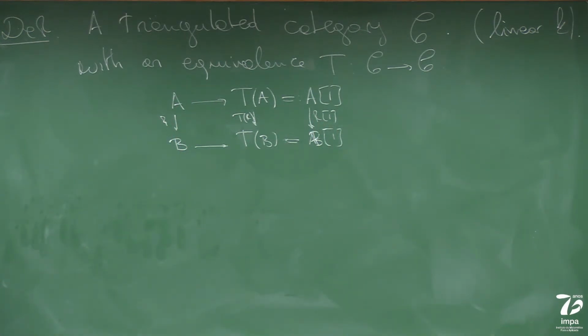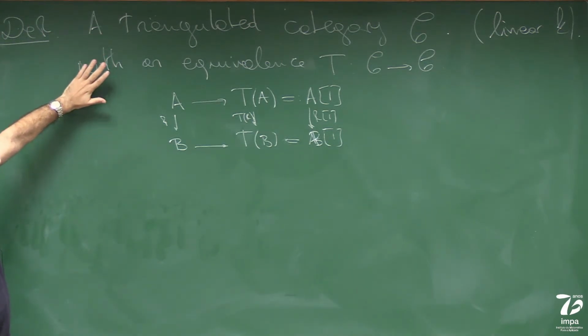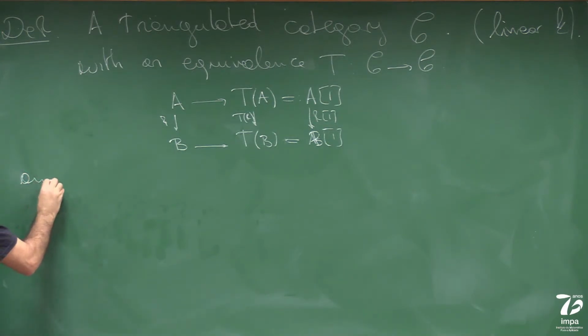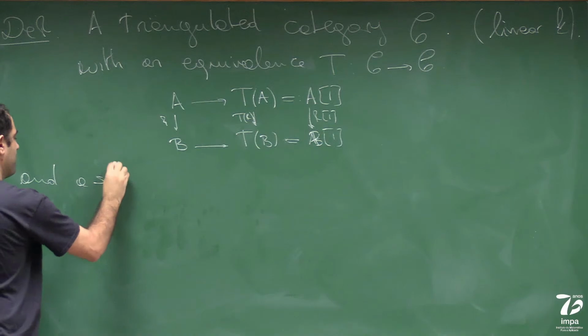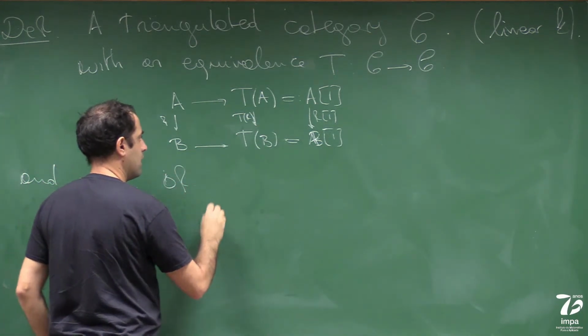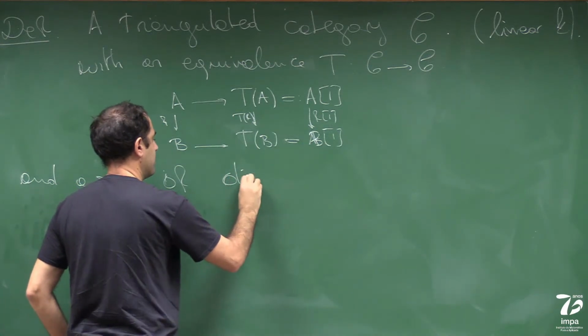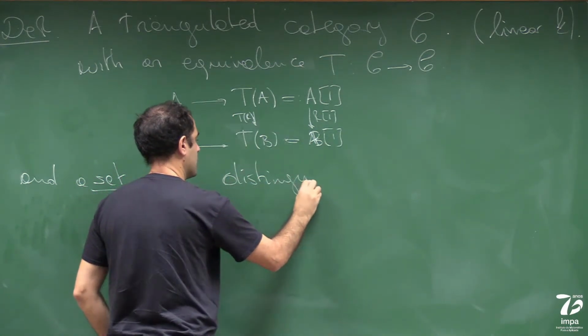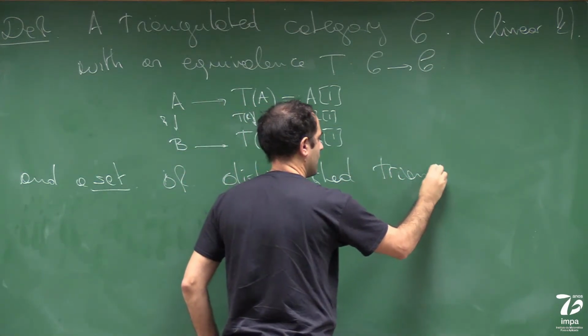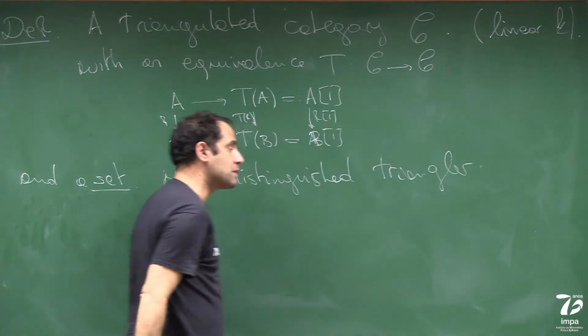So a triangulated category is a piece of data which is a linear category, a linear equivalence, and a set of distinguished triangles. What are distinguished triangles?